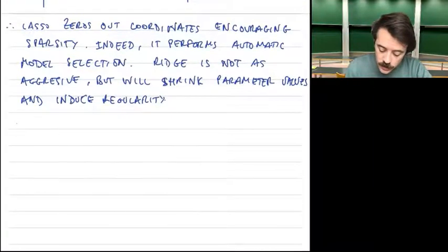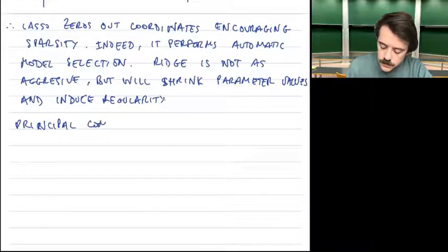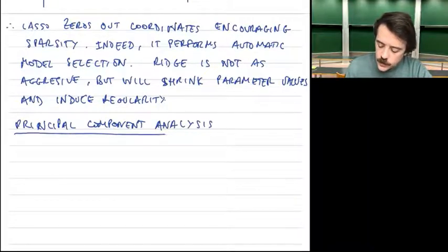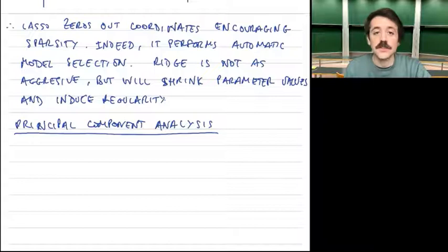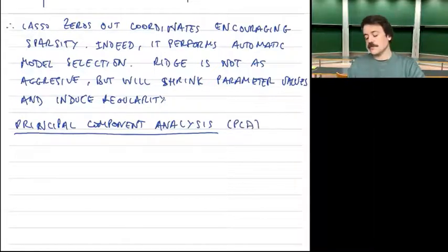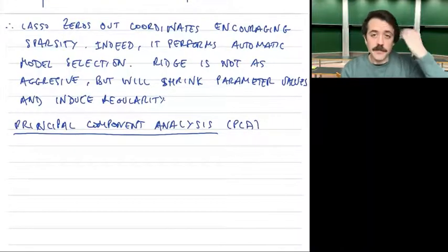So let's now talk about principal component analysis. Oh, I forgot to say, I just realized that we have seen some regularization procedures already, and that is the selection of the best submodel using AIC and BIC.